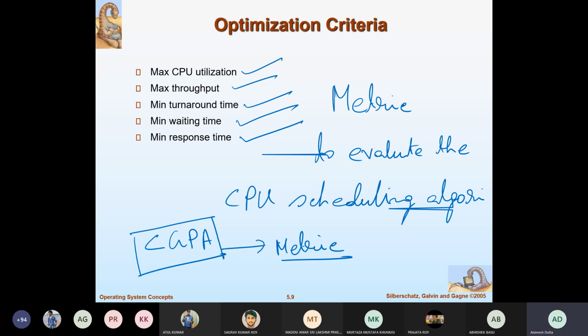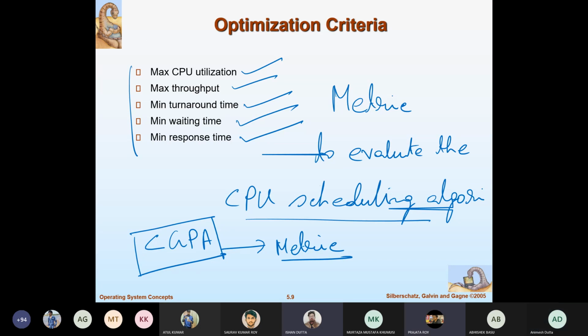In the same way, CPU utilization, throughput, turnaround time, waiting time, response time are the metrics to evaluate the CPU scheduling algorithm. Understand? Follow. Any issue with this?